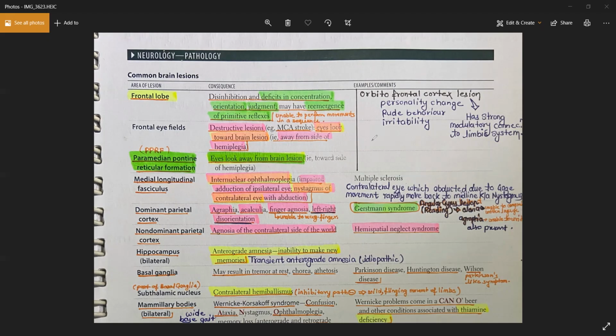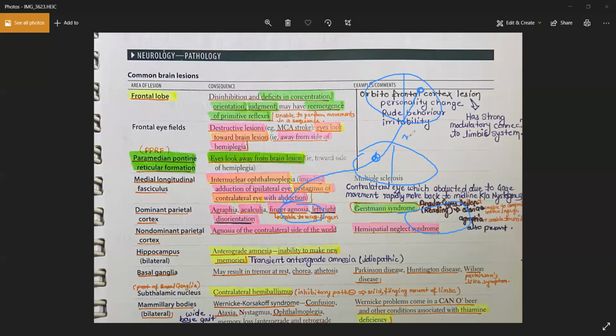What happens is, if this is your pons again, divided into two, you have this midbrain again, you have the eye. The cortex has sent a signal to the PPRF, which is this part. Now the function of this PPRF is to activate the right sixth nerve and to send a signal to my left-sided third cranial nerve by the MLF.